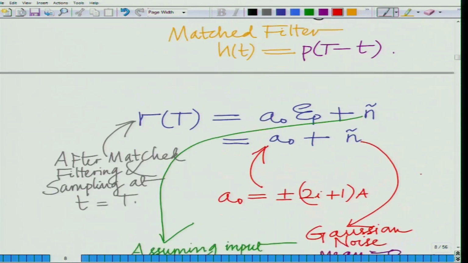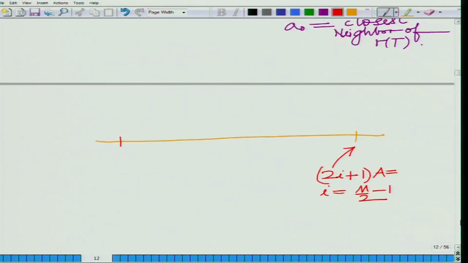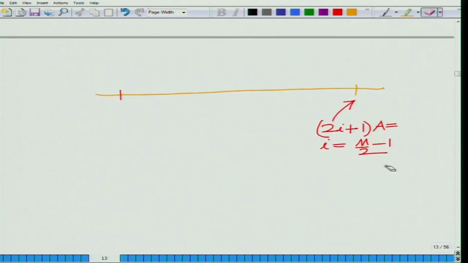So, i equal to m by 2 minus 1 corresponds to 2 times m by 2 minus 1, that is 2m minus 2 plus 1, so this will be m minus 1 a.